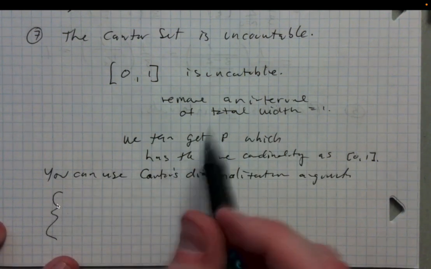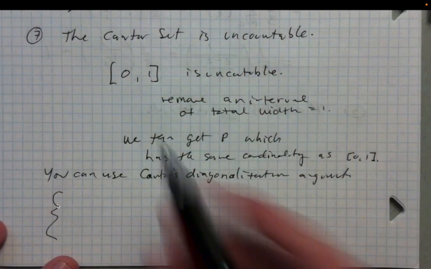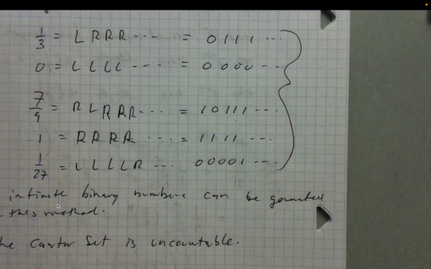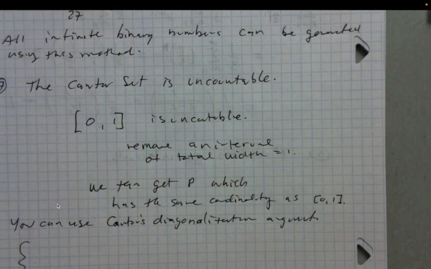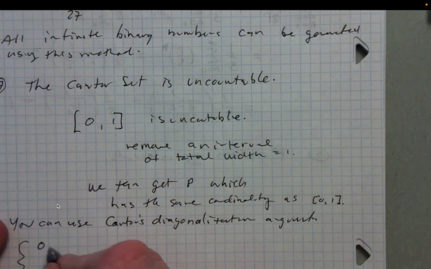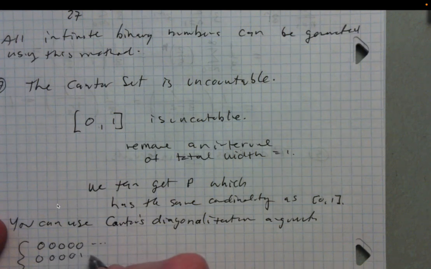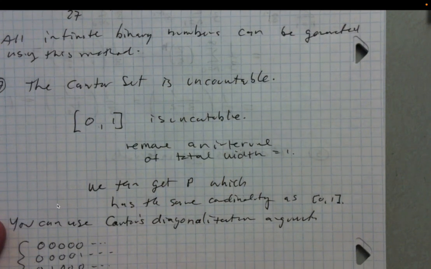if I try to list all of the infinite binary numbers, I might have something like 0 here, and then maybe 0, 0, 0, 0, 1 here, right? I can list them in any which way I want, and so on.